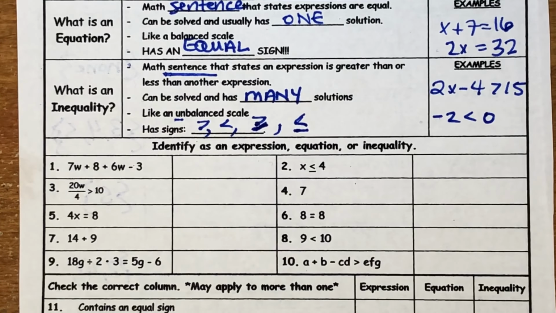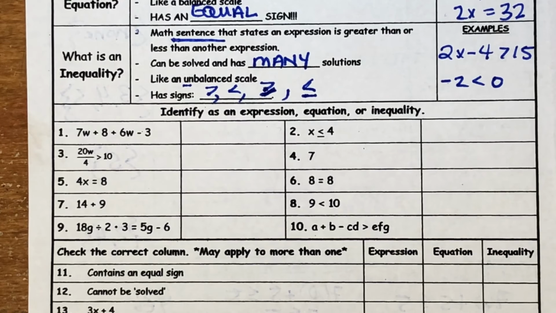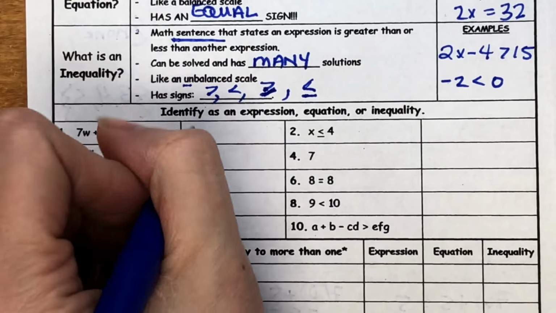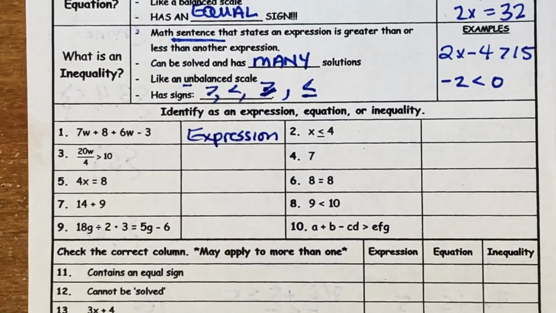So the next thing we're going to do is identify whether it's an expression, equation, or inequality. So number 1 is an expression because expressions do not have any equal signs. So this is an expression. Okay?